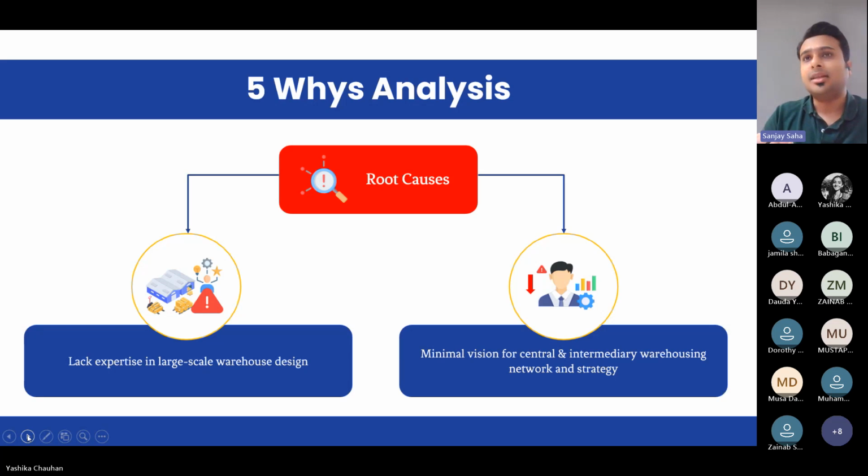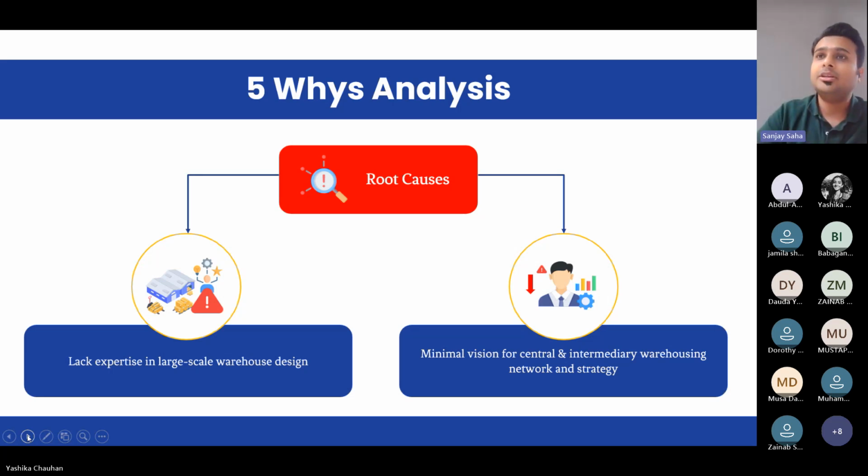One cause is that the warehouse was not designed by experts who have expertise in designing large scale warehouses, or they did not have any vision and planning for an integrated central warehousing strategy. Another cause, like I mentioned, could be that funds were not available in a structured way. But that also tells you that they did not have a vision. Even if the funds were available, they did not have the vision of constructing an integrated warehouse design.